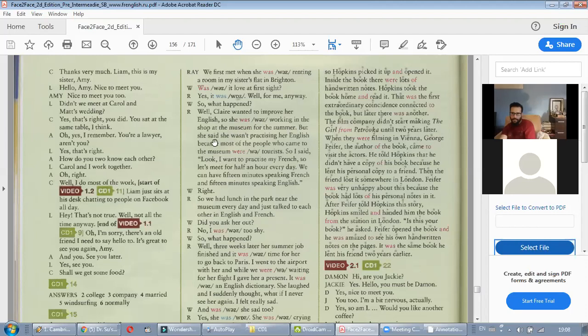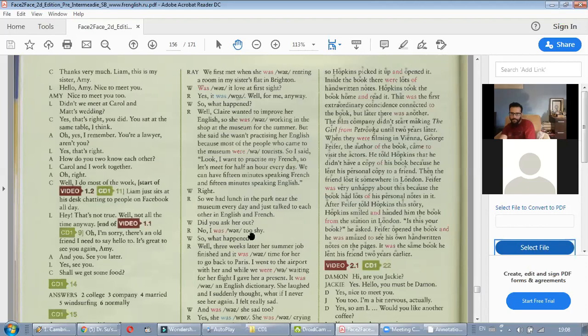But she said she wasn't practicing her English because most of the people who came to the museum were tourists. So I said, look, I want to practice my French. So let's meet for half an hour every day. We can have 15 minutes speaking French and 15 minutes speaking English. Right. So we had lunch in the park near the museum every day and just talked to each other in English and French. Did you ask her out?